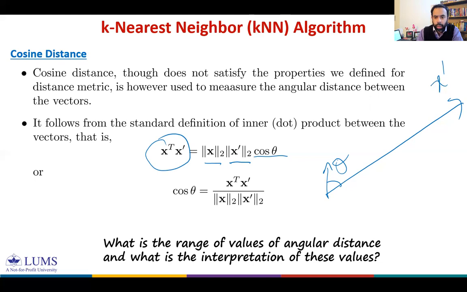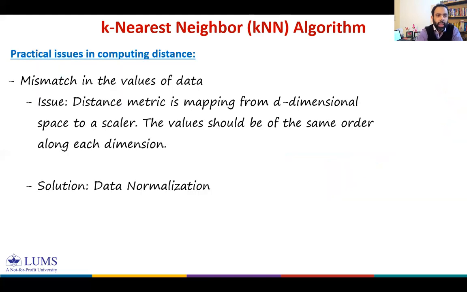Now we talk about some of the practical issues in computing distance. When you compute distance, the issue is we can have a mismatch in the values of the data. For classification algorithms like KNN, we measure the distance between pairs of samples along each dimension, and obviously these distances are influenced by the measurement units also.